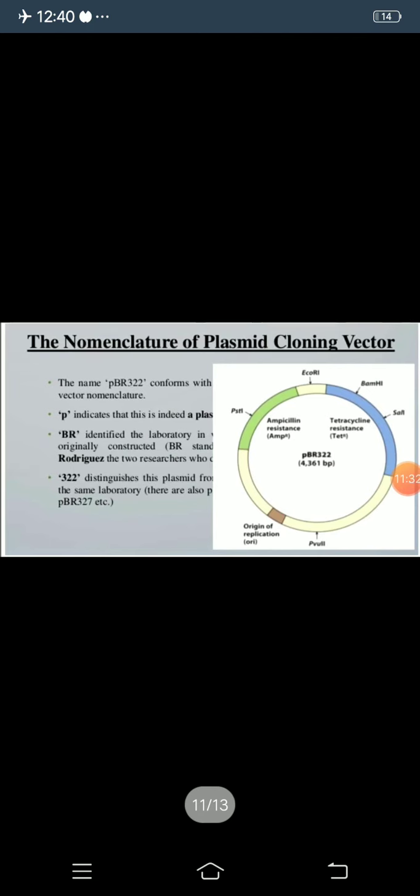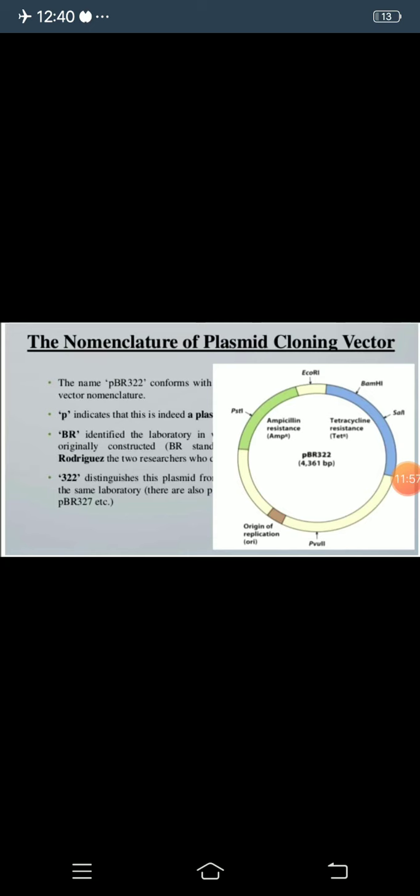Now the nomenclature of pBR322. Here p is small p, and p stands for plasmid. Then BR identifies the laboratory in which it was originally constructed, and BR stands for Bolivar and Rodriguez.